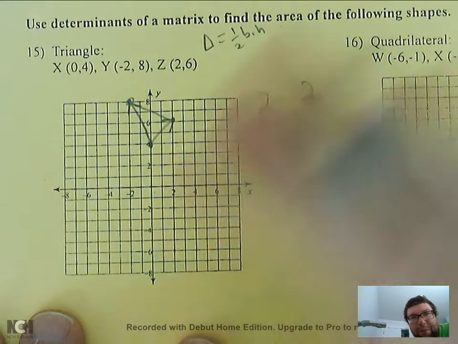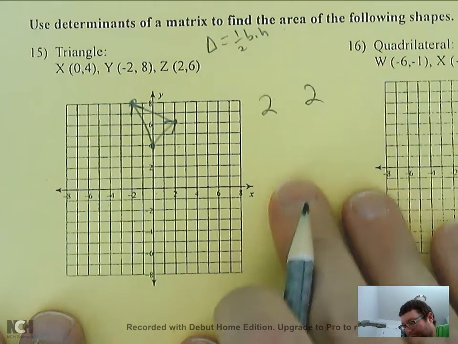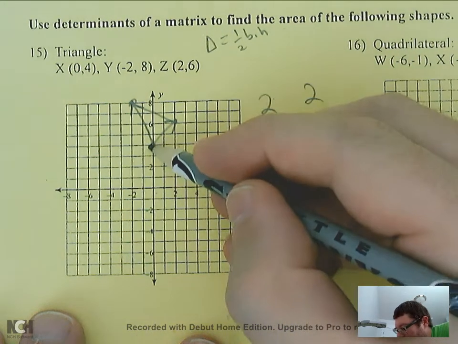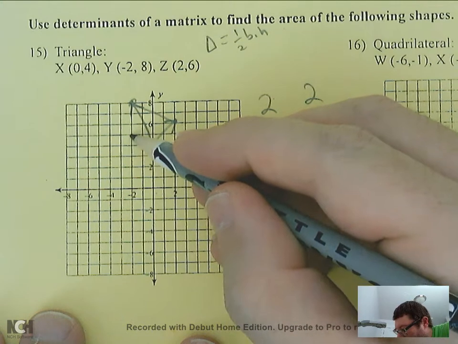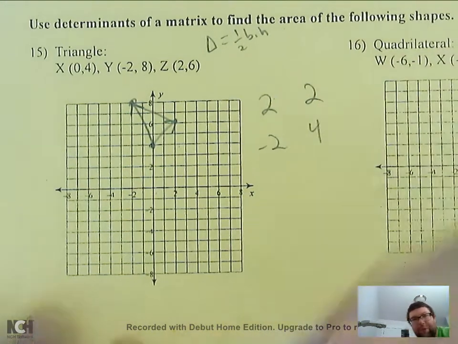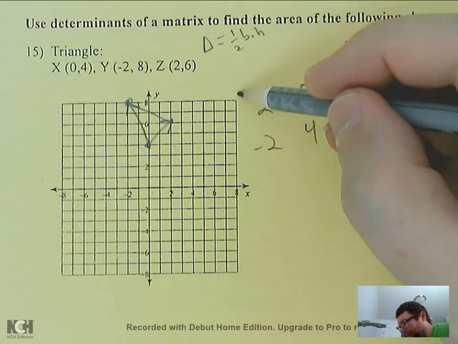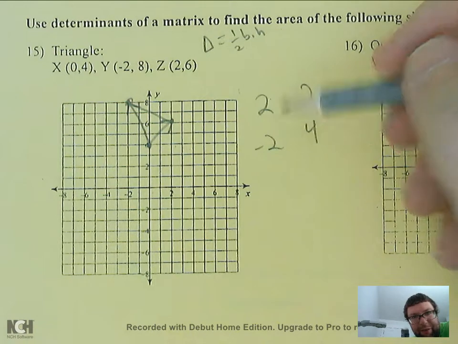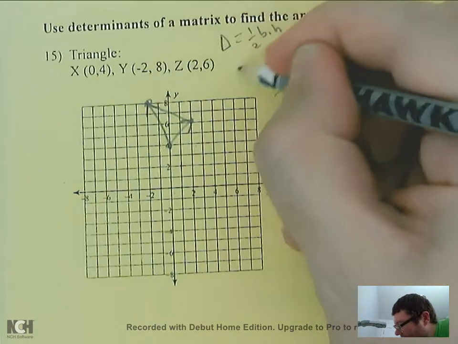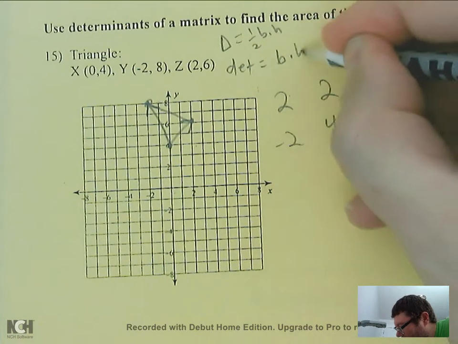Okay, and I'm going to turn those two sets of components into a 2 by 2 matrix over here. This one is going left 2 and up 1, 2, 3, 4. So -2, 4. Now, the idea and why we do this is if I find the determinant of this matrix, the determinant is going to equal the base times height.